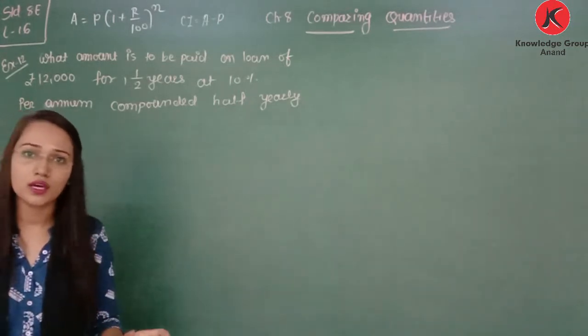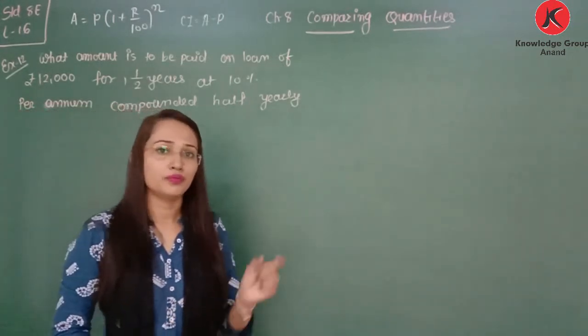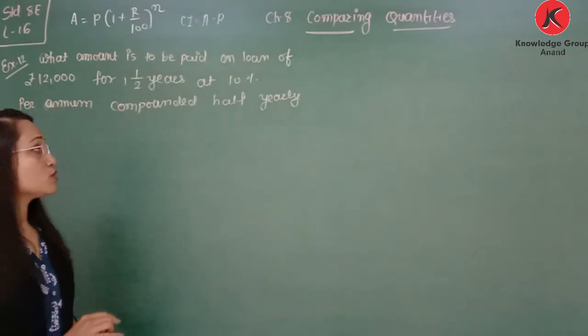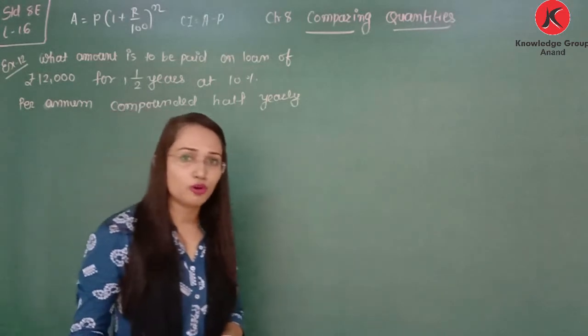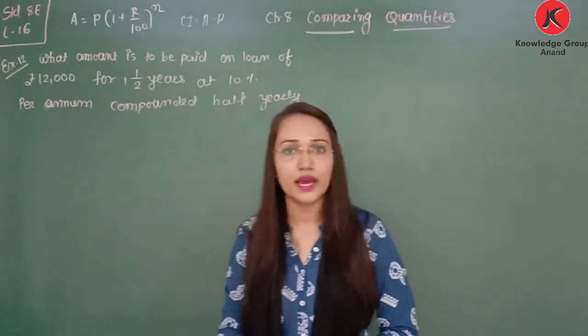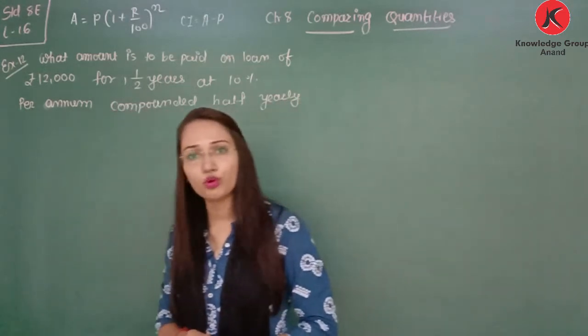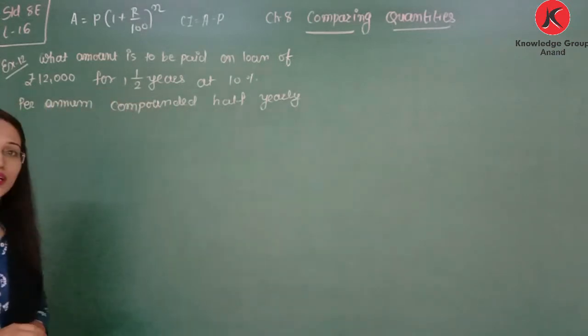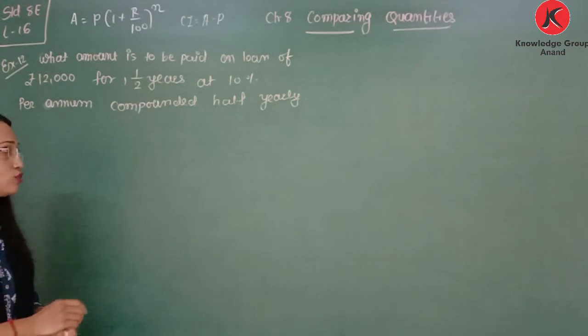So in 1 year we have 4 times our principal value changes. So n will be multiplied by 4 when it is compounded quarterly, and the rate of interest will be divided by 4.